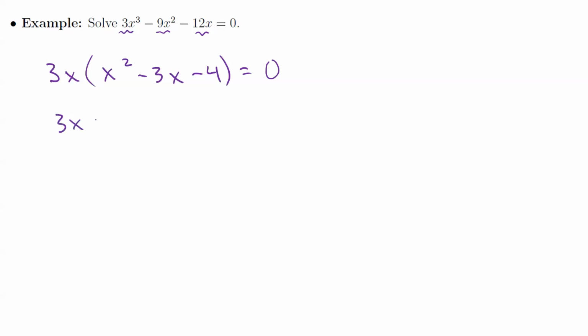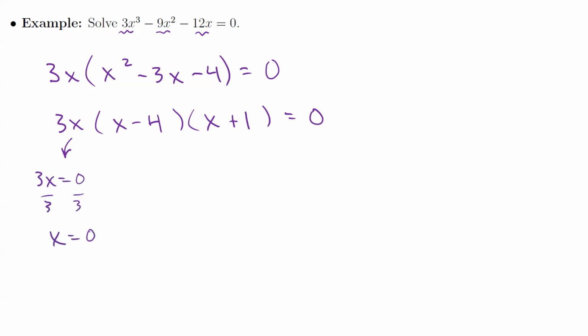So 3x, and then let's see if this factors further. It certainly does. X minus 4 and x plus 1. And because we have a variable out here, 3x equals 0. So x equals 0 is the solution. X equals 4 is a solution.